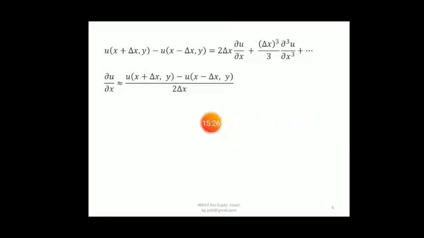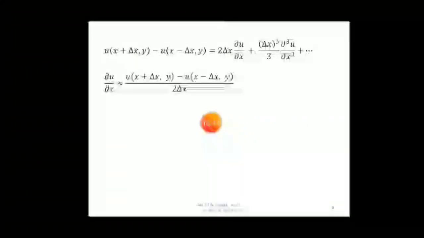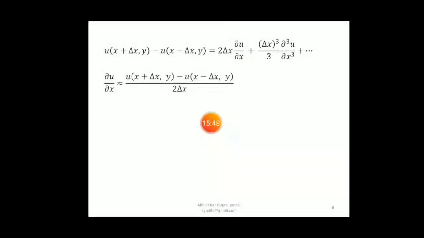So it is the same finite difference formula for del u del x, but it looks a little different. That means in this expression on the right side, you notice you are standing at the xy point, but that u(x, y) is not needed to calculate here.